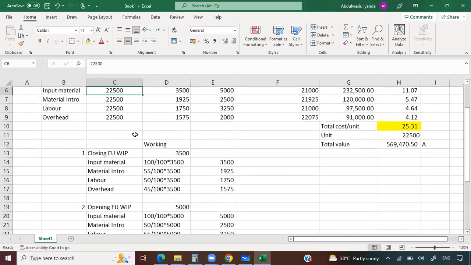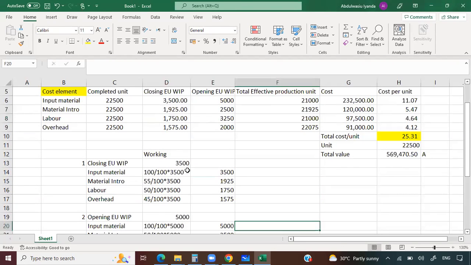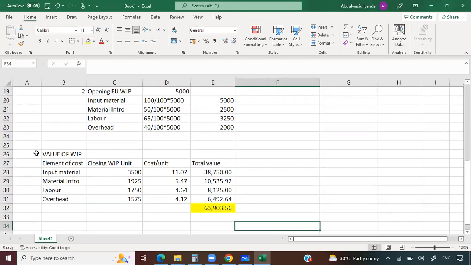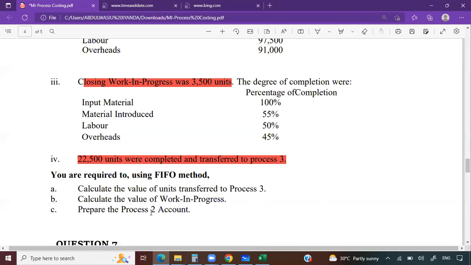Yes, the 35 is given in the question, but we determined all the others ourselves, based on the percentage. This is the working. The percentage has been given in the question. Okay, and that's all about process two.